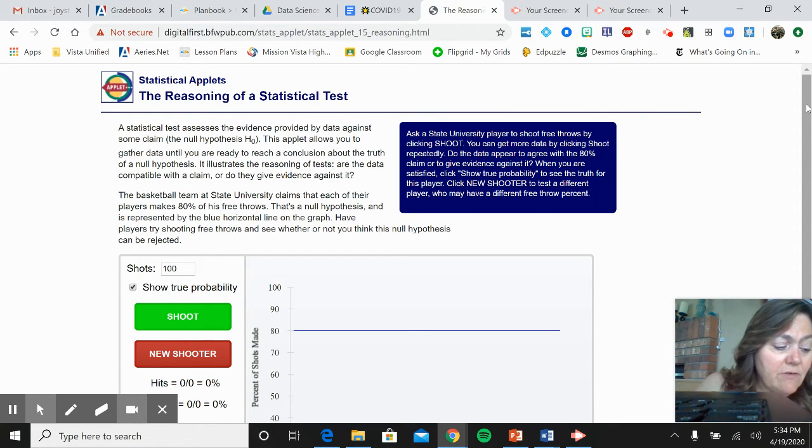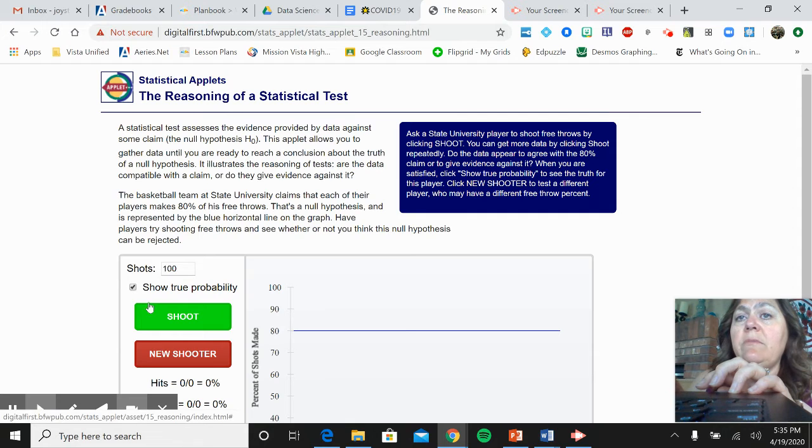Okay, it asks you on your worksheet to go to this applet and try several shooters to see what you think about their claim. And then also it asks you to write down the H0 and the Ha for this. Your H0 is going to be that p equals 0.8. And then we'll talk about the Ha when we come back after you've done some shooters. It asks you to set this at 100 and to check this box here to show true probability.